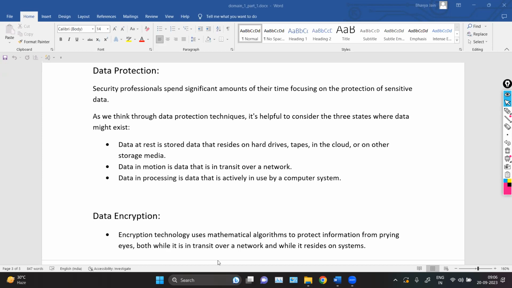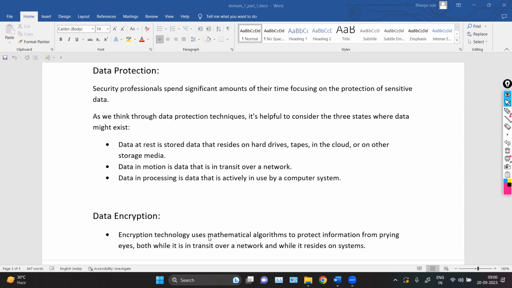Data at rest is when we are providing protection of the data while it is in any storage. Data in motion is whenever we are transmitting data from one place to another over the network.